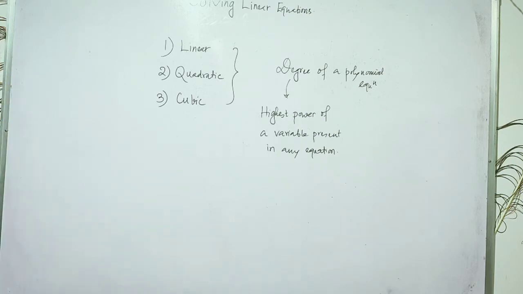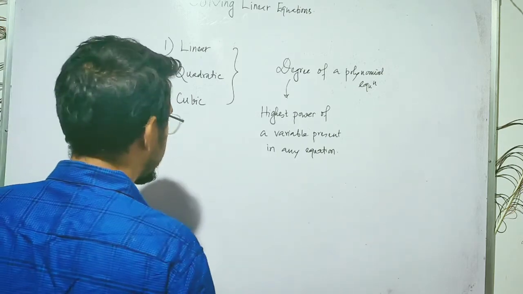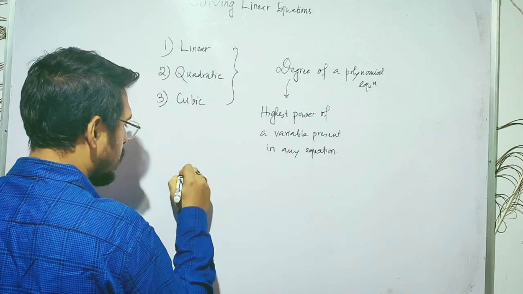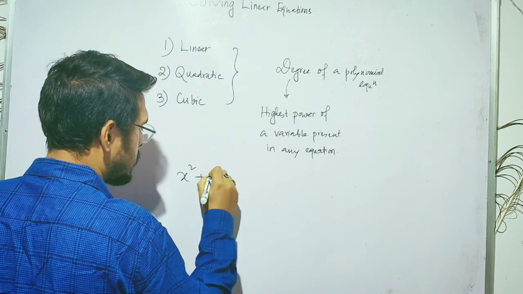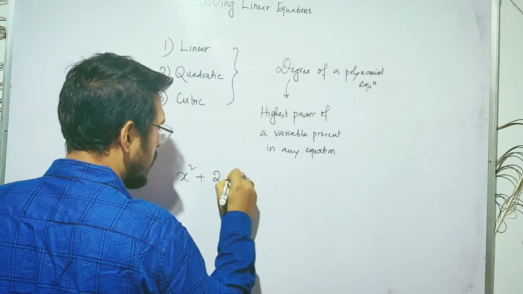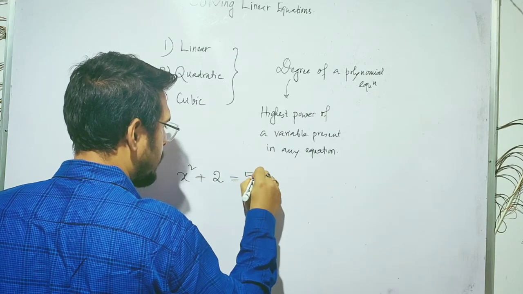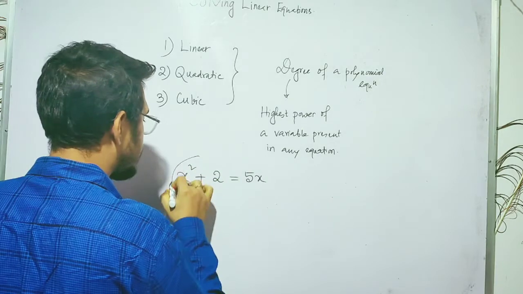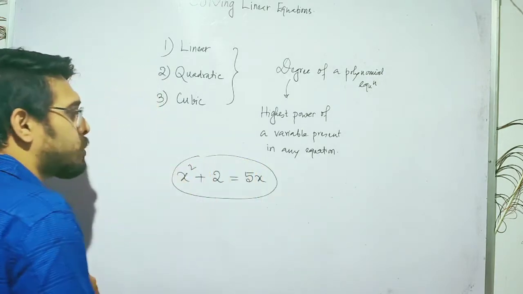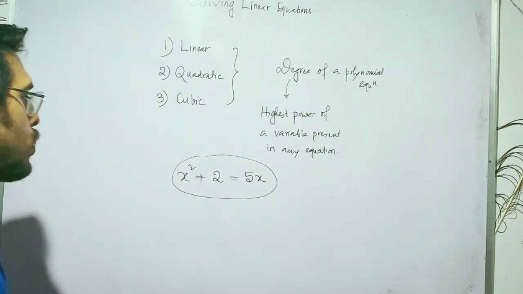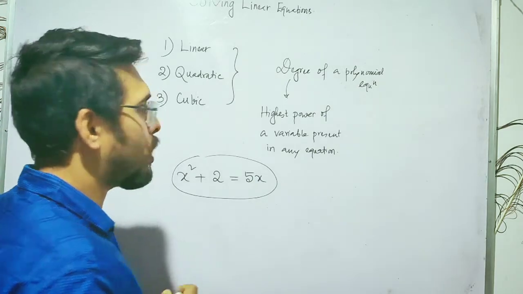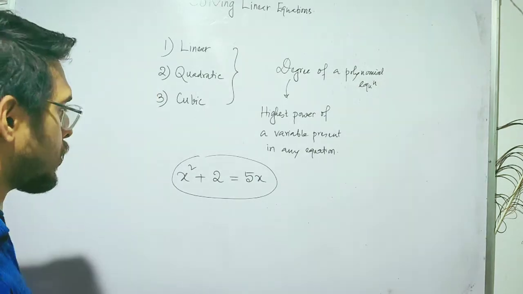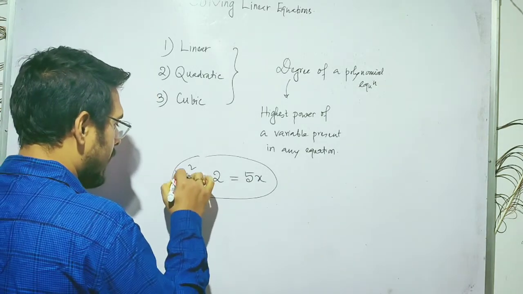Now, highest power of a variable, suppose I say there is an equation x square plus 2 equals 5x. Now, in this particular case, what should be the degree? First of all we have to find what is the variable in this equation. It is clear that x is the variable.